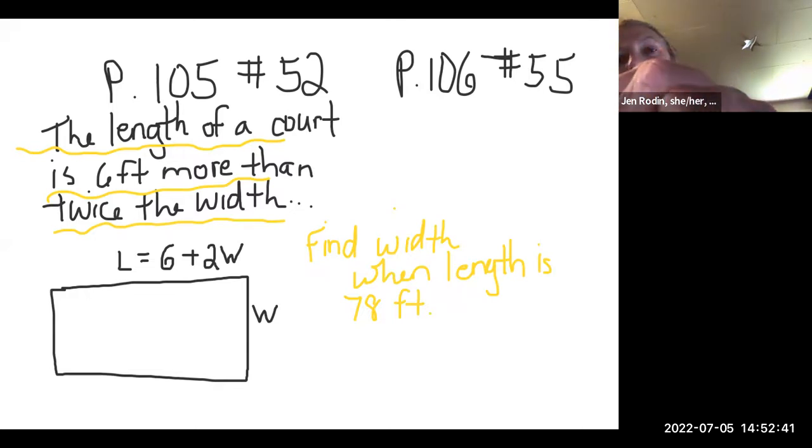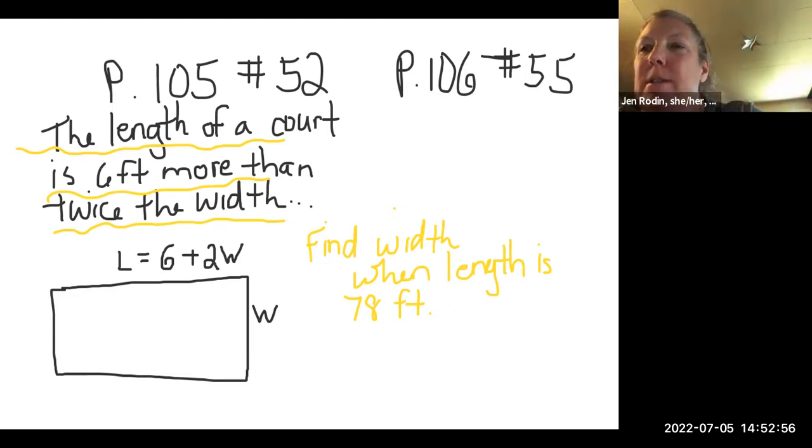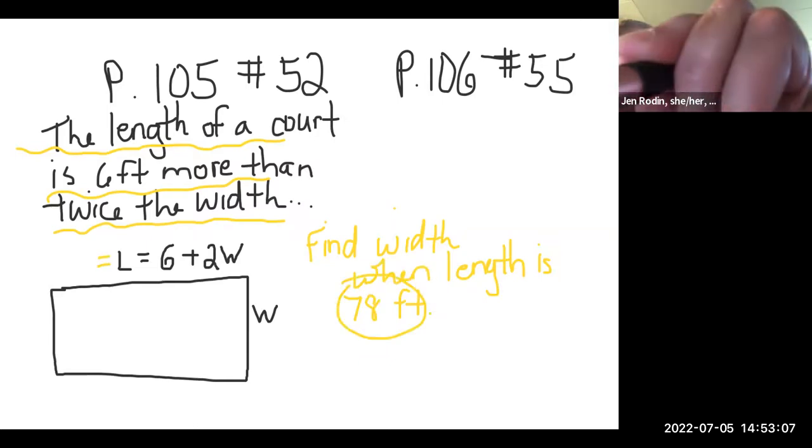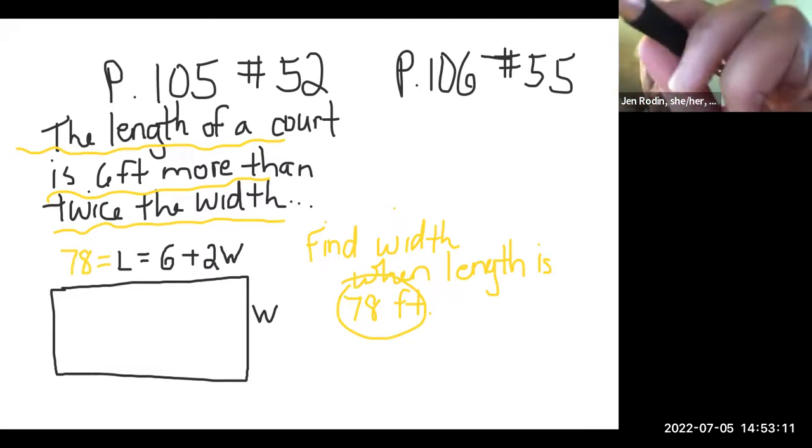Draw a picture. You can make your picture fantastic if you want to put the whole lines, but that might distract you too, so you don't have to. You could put the people in there even. And we can find the perimeter if we wanted. We could find the area. But they told us one more thing, that the length is 78 feet. So find the width when the length is 78.